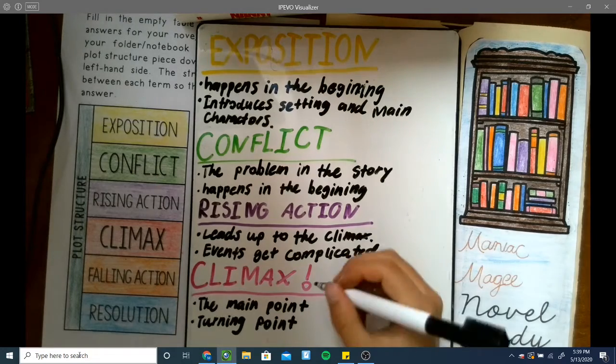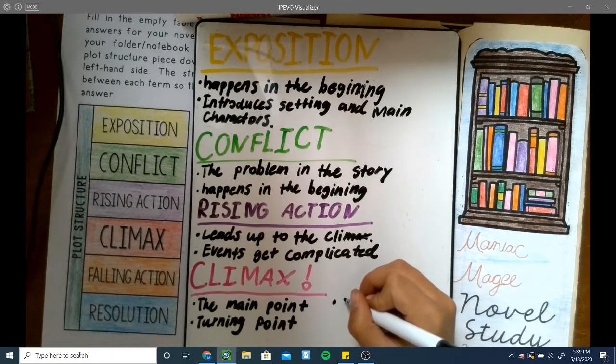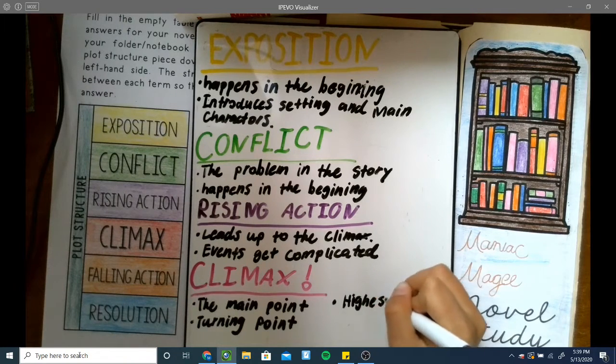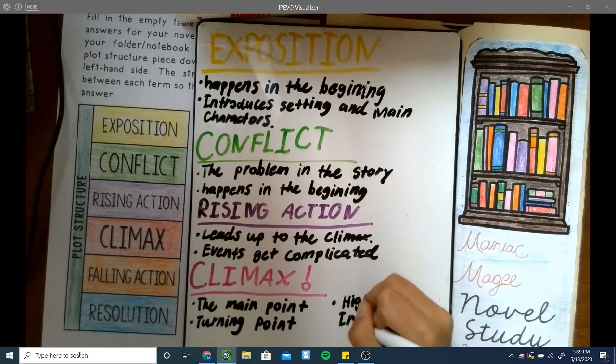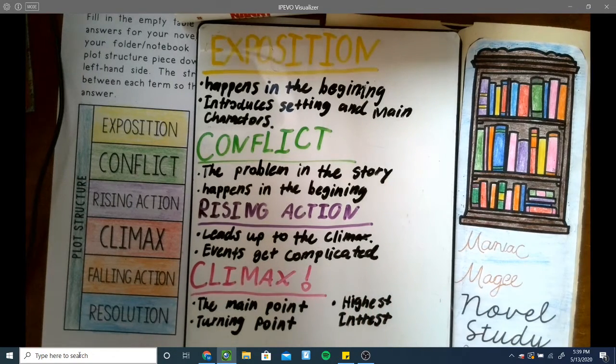And we have our highest interest over here. And this is right in the middle of the story. We have all of that.